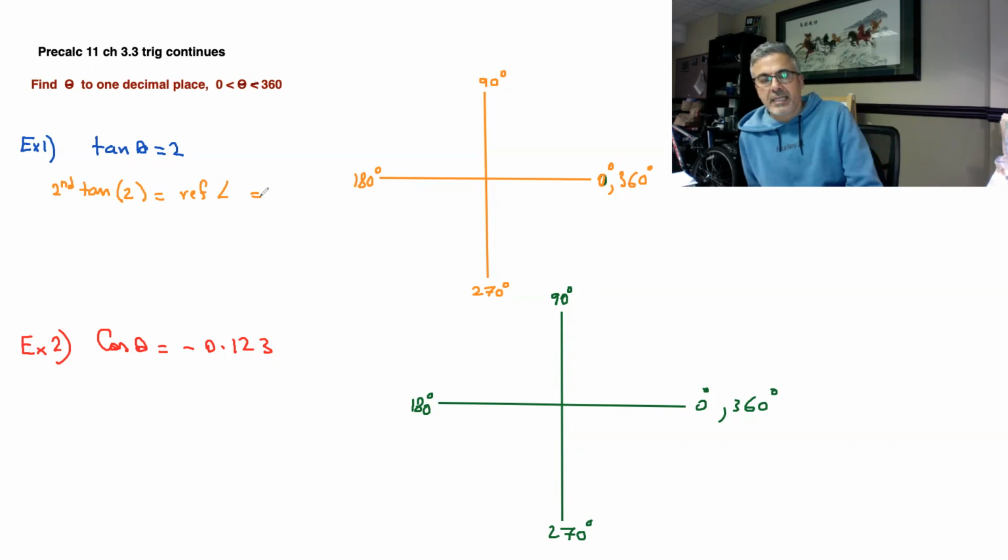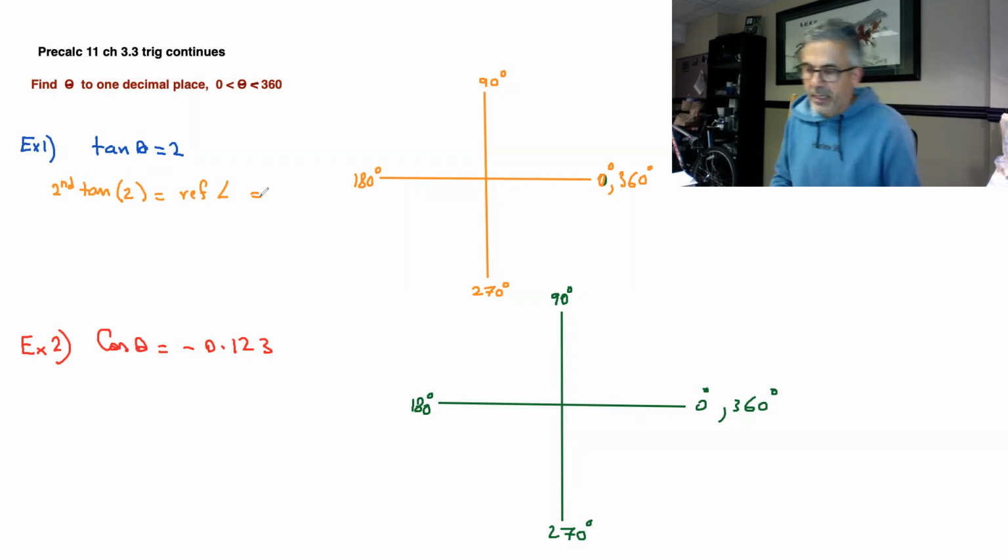Lots of students wrote tests like this and had their calculator set up in radians, and after they got back their test, thinking, wow, I got 100% on this test, they got surprised because their calculator wasn't set up in degree mode. So set up your calculator in degree mode, and then just go second tan of 2, and that will give you a reference angle of 63.4 to 1 decimal.